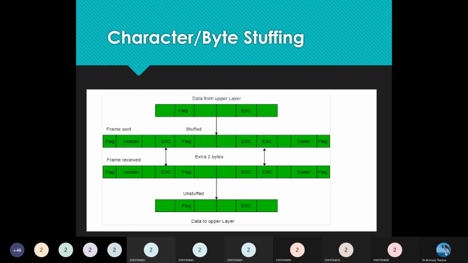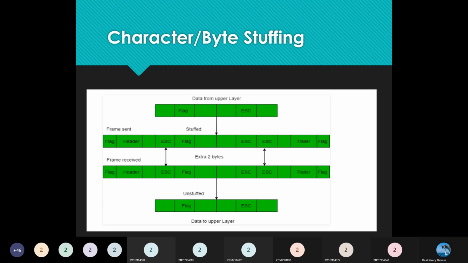But my question is, if the data that is to be transmitted has a symbol the same as the flag bit, how does the receiver come to know that the data being received is actually data, and not the indication that it is the end of the frame?